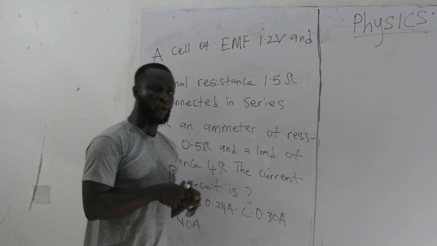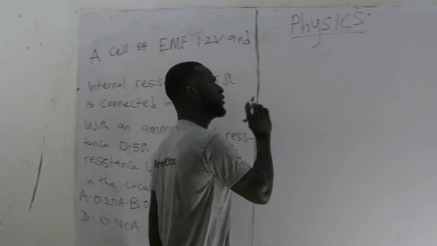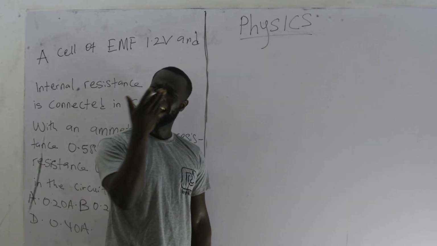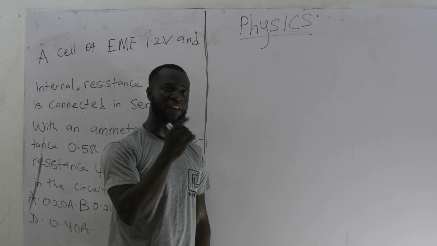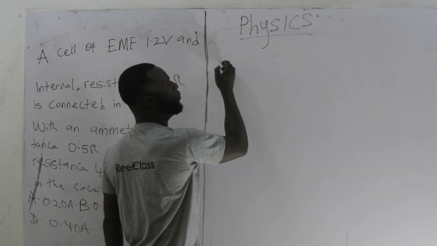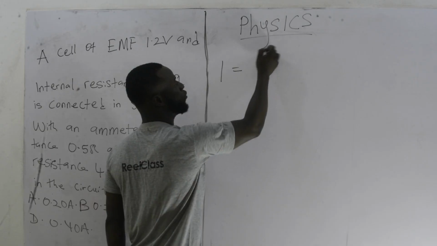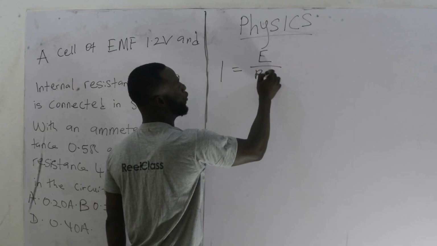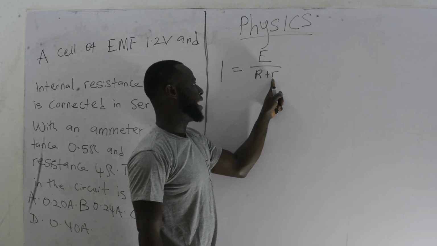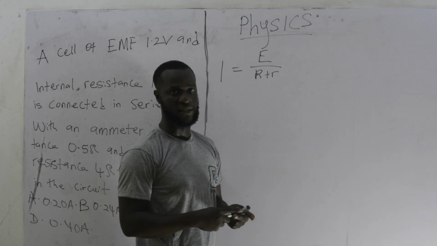Well, the first thing is that I know the current in the circuit here. They are giving me the EMF, they are giving me external resistance, and they are giving me internal resistance. So basically, I know my formula will be current I is equal to E over R plus r, where R is the external resistance and small letter r is the internal resistance.